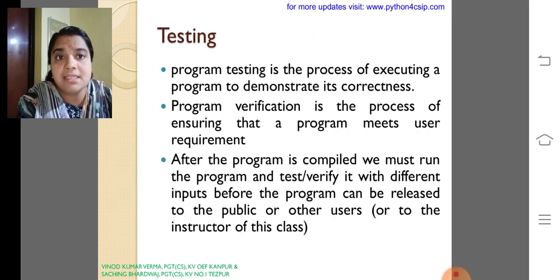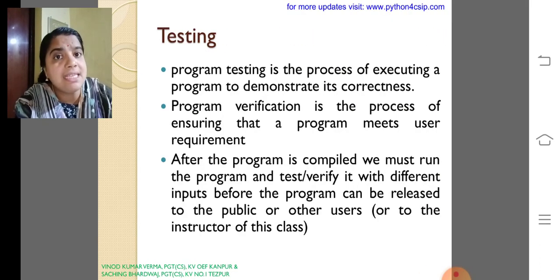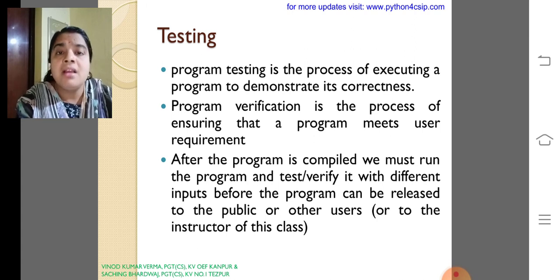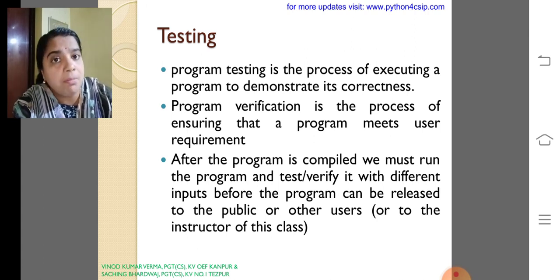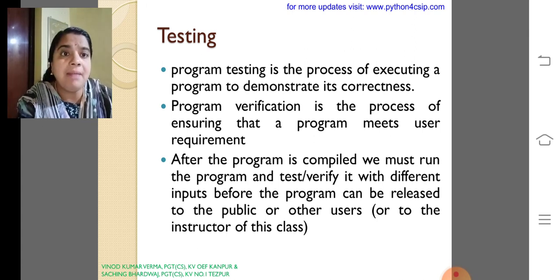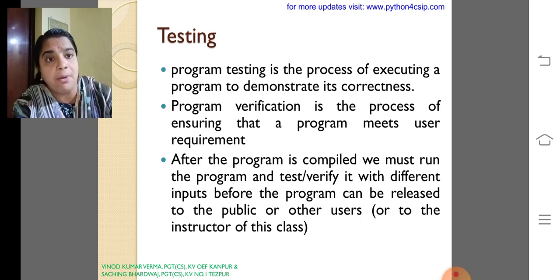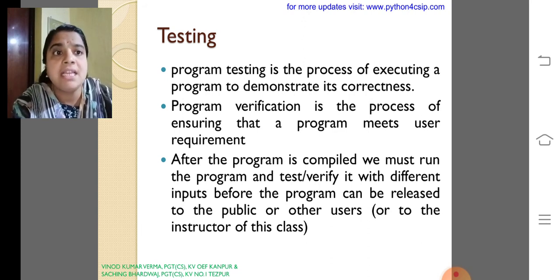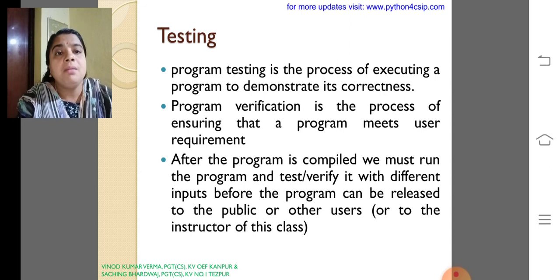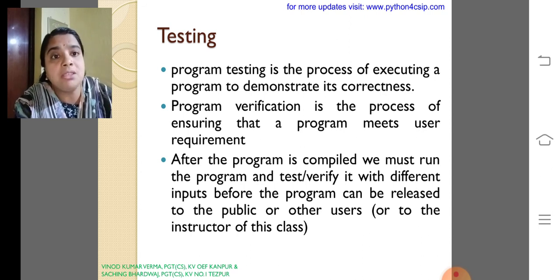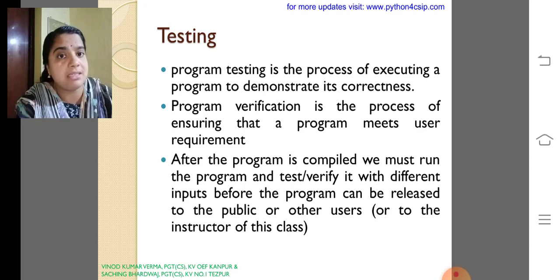The next one is testing. Testing is the process of checking the input and output together. Program testing is the process of executing a program to demonstrate its correctness. Program verification is the process of ensuring that the program meets users' requirements.